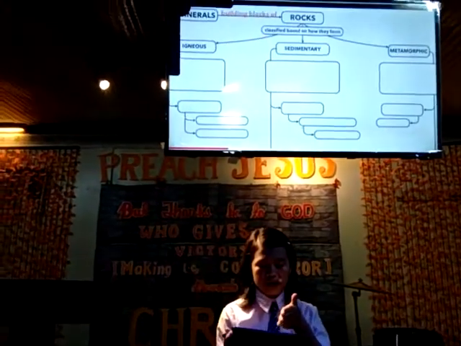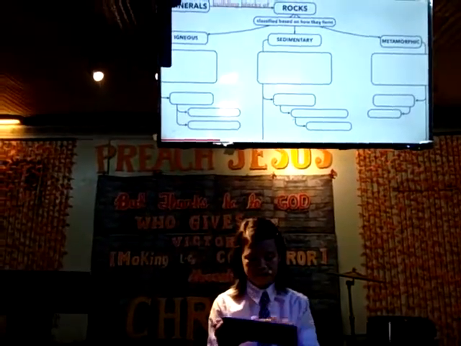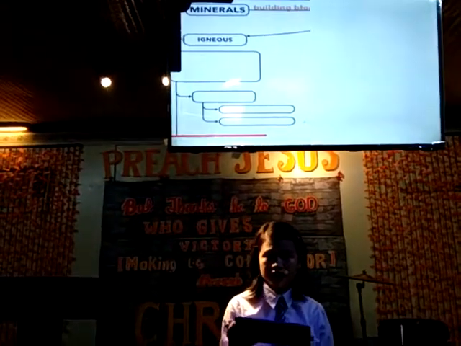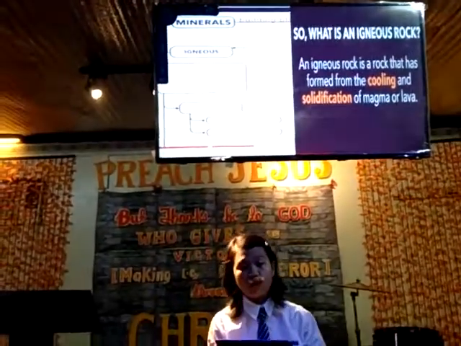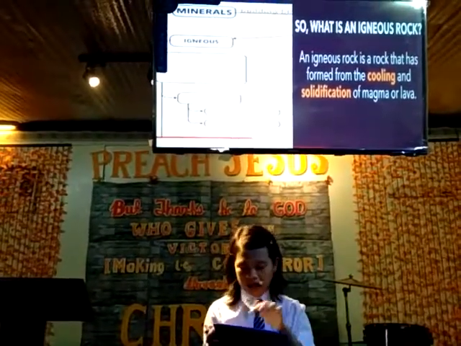So, here in our flowchart, we already classify the igneous. So, what is an igneous rock? An igneous rock is a rock that has formed from the cooling and solidification of magma or lava.